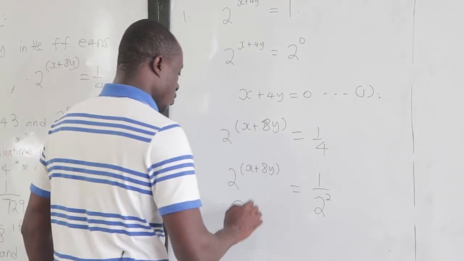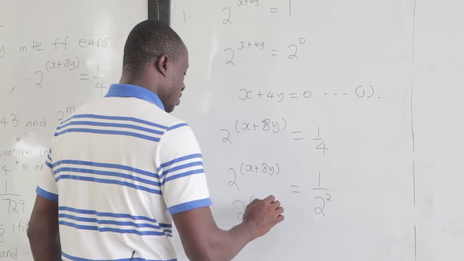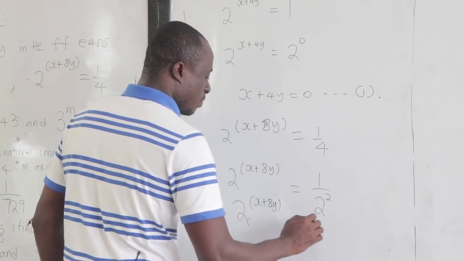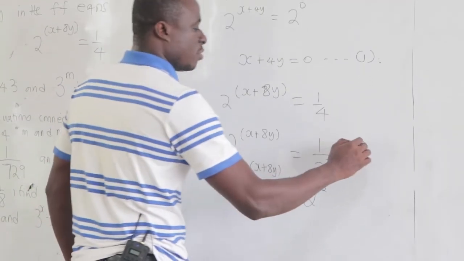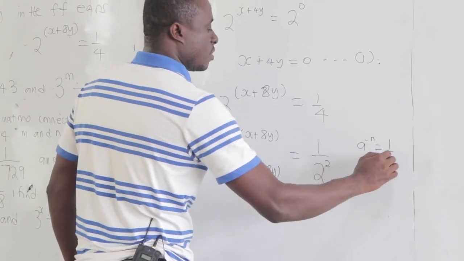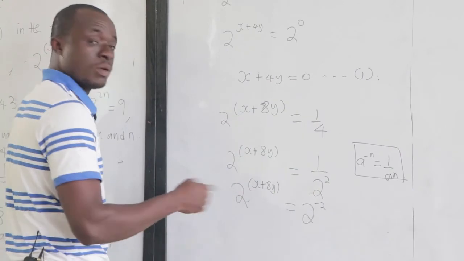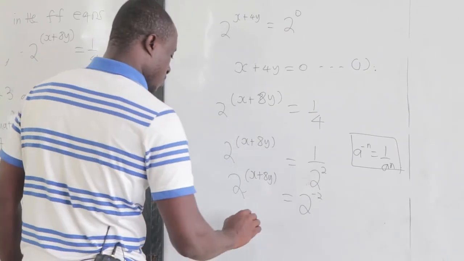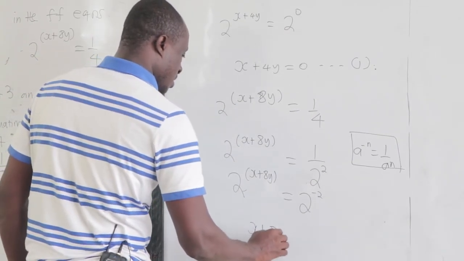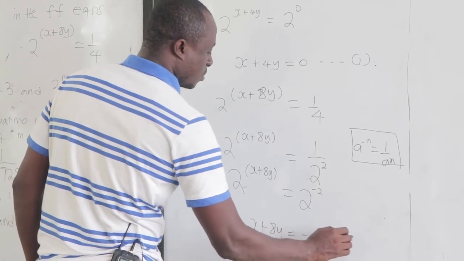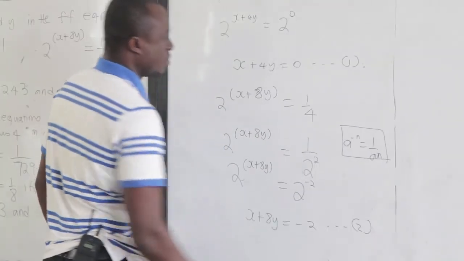So here we have 2 to the power (x + 8y) equal to 2 to the power negative 2. From here we can equate the exponents. We have x plus 8y equal to negative 2. Let's call this equation 2.